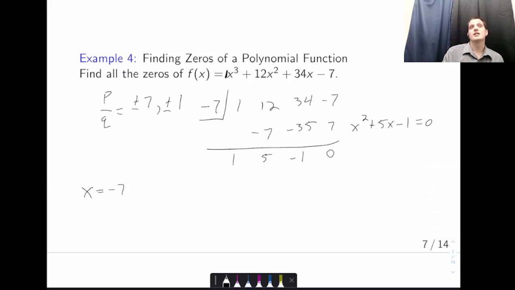Well, folks, sad face. We have to use the quadratic formula. So a equals 1, b equals 5, c equals -1.